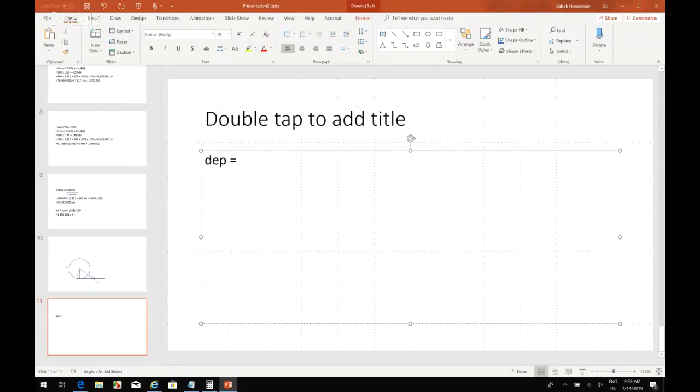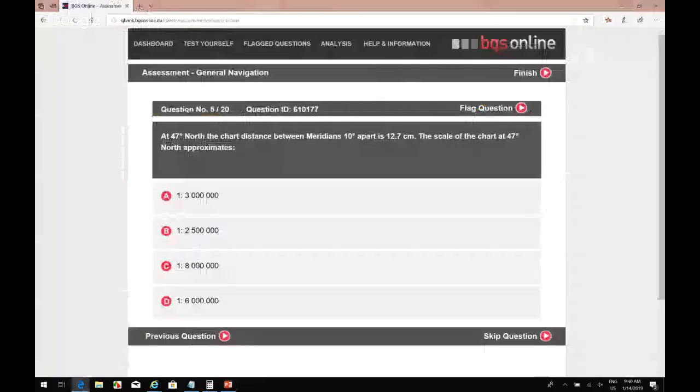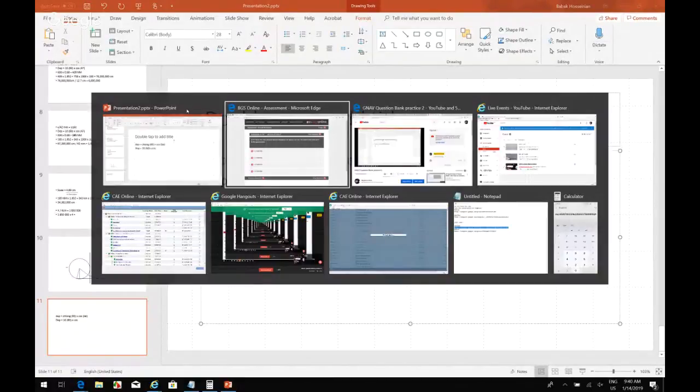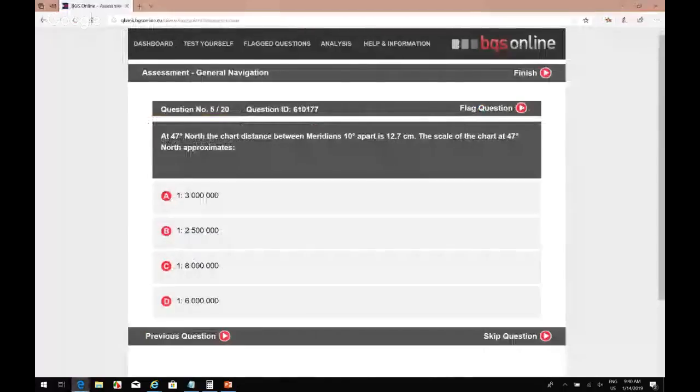Could do that again down here just in case, just to test our memory. So departure equals change of longitude times 60 times cosine latitude. And do we have a departure there? No. So we're going to say departure equals 10 times 60 times cosine of, what's the latitude? 47 north.